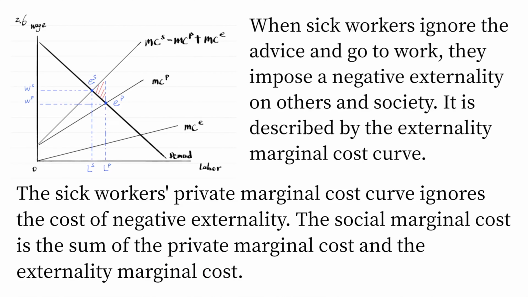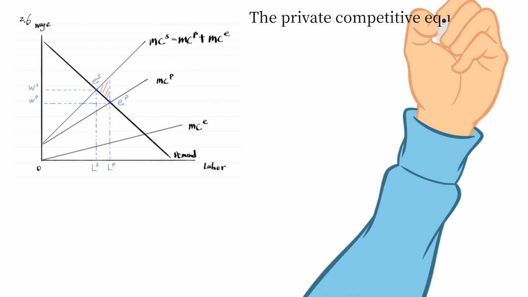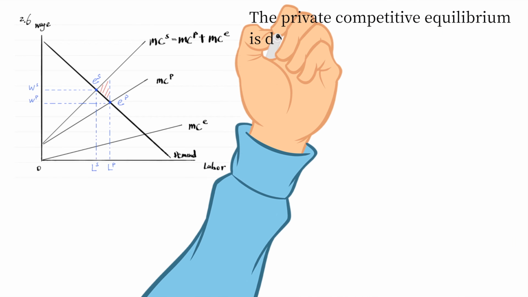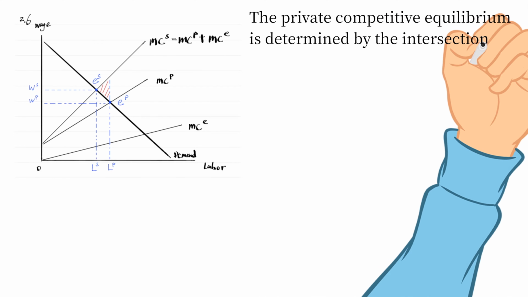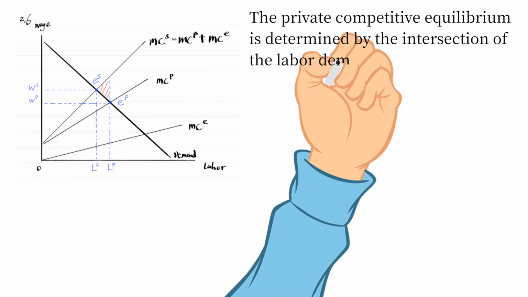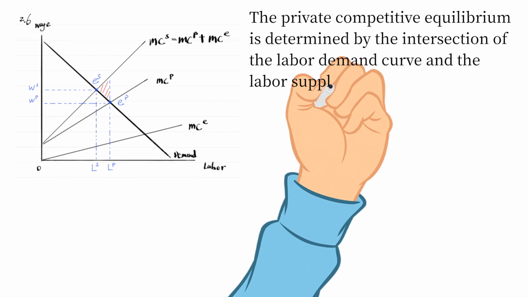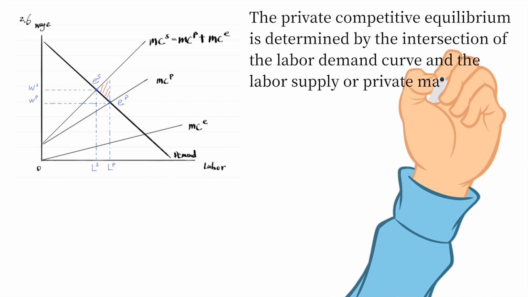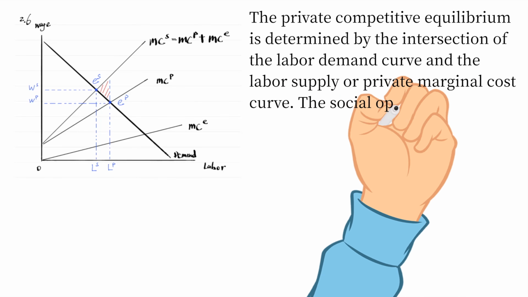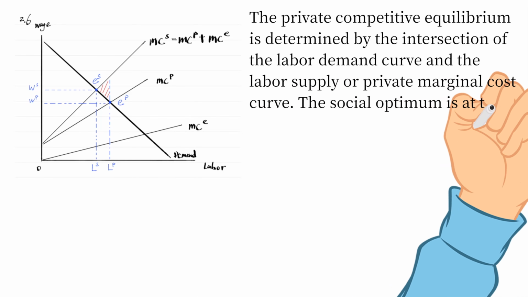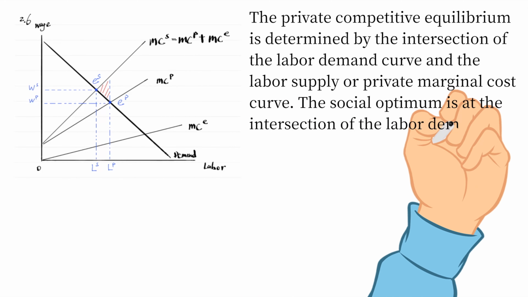The private competitive equilibrium, EP, is determined by the intersection of the labor demand curve and the labor supply or private marginal cost curve. The social optimum, ES, is at the intersection of the labor demand curve and the social marginal cost curve.